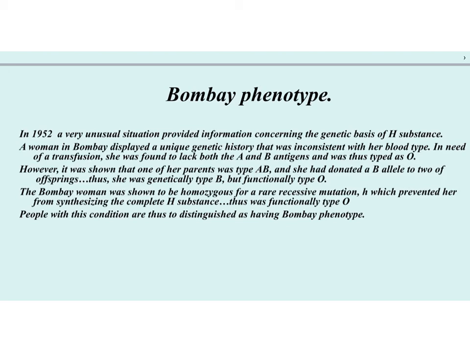So looking at this woman, she should be genetically type B blood, but she was showing up functionally as being type O blood. And that's where this epistasis of the H protein came in, and they discovered this condition.